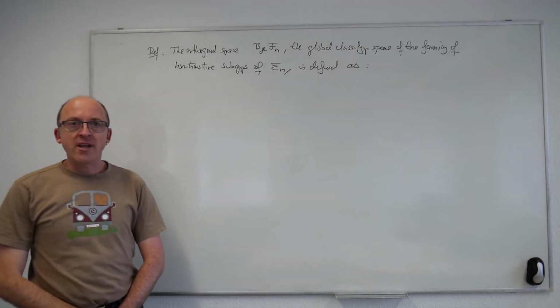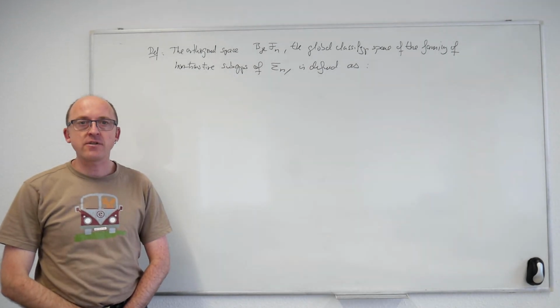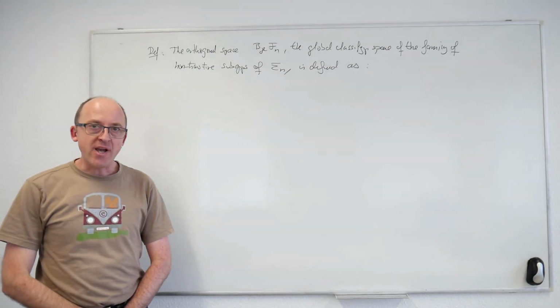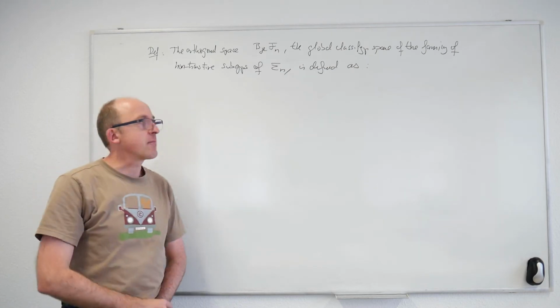Right now, global classifying space of a family of non-transitive subgroups is just a name for this orthogonal space. It's already reminding you that it has something to do with global classifying spaces of groups, and I will tell you a little bit later why this name is well chosen.